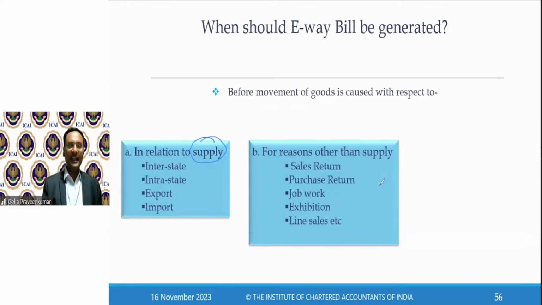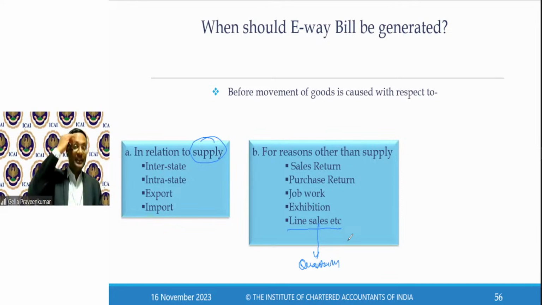Job work, exhibition, line sales. Now, line sales is one example where I don't know the quantum of sales. So what I'll do, I'll take 1 barrel of oil. I go from shop to shop, how many liters they want, I'll remove and sell that particular oil.